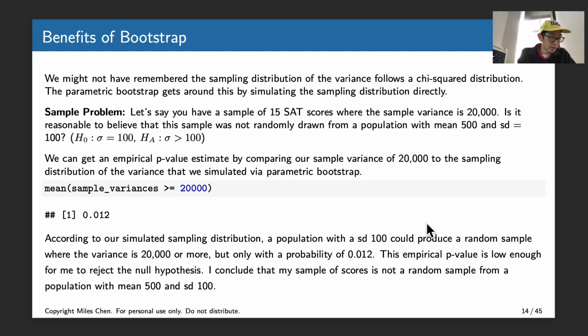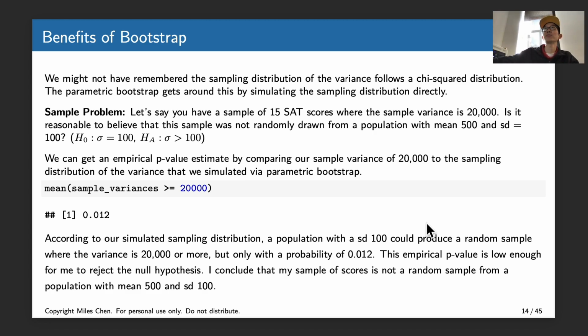Let me go ahead and give you your first quiz answer, which is the letter A. A as in apple, A. So if you didn't remember that the sampling distribution of the variance follows a chi-square distribution, or if you just hadn't learned it yet, that's okay. This is where parametric bootstrap comes in.